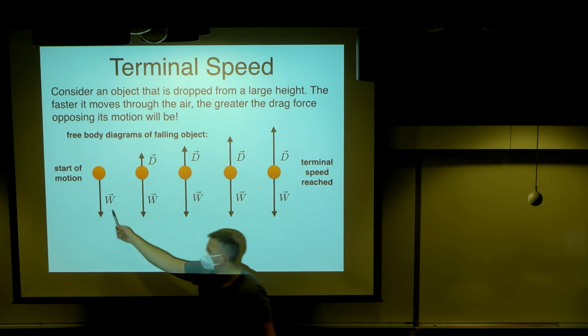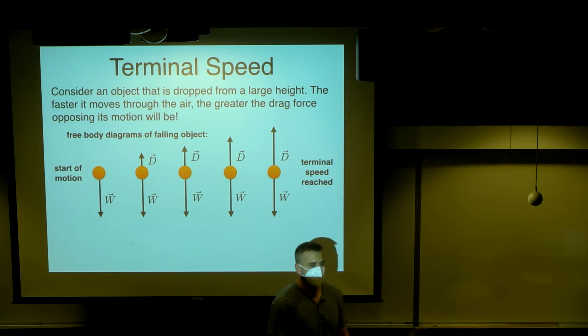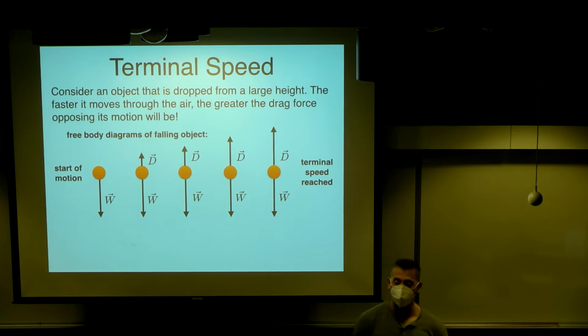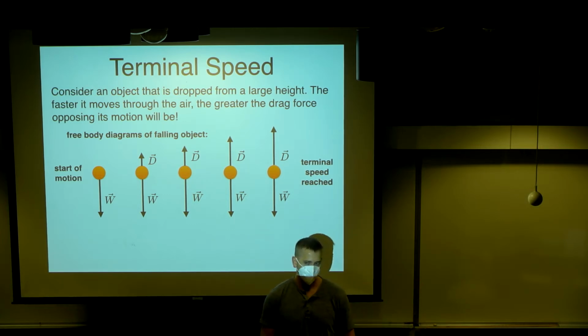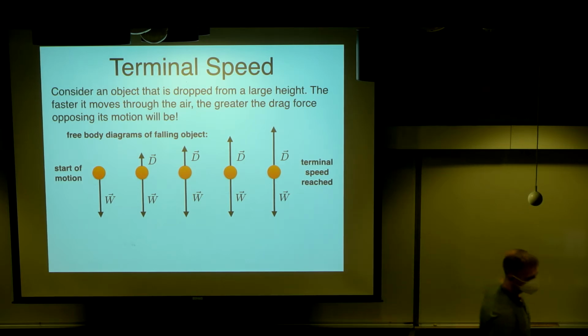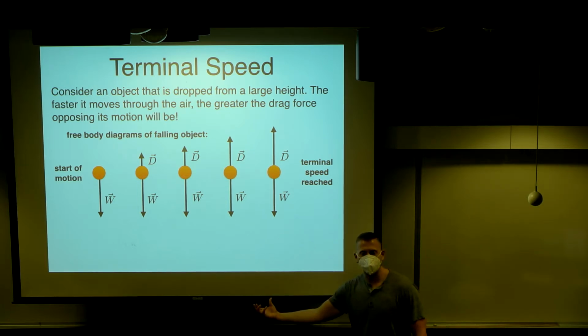We're accelerating as long as there's an unbalanced force acting on the object. But once we get to this situation, where all the forces are balanced, now the object is just falling at a constant velocity, okay? And that's when it's reached terminal speed or terminal velocity, okay? And from that moment on, it's just going to keep falling at that same speed, all right?